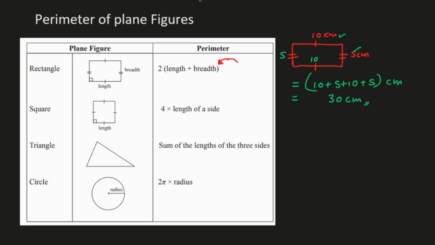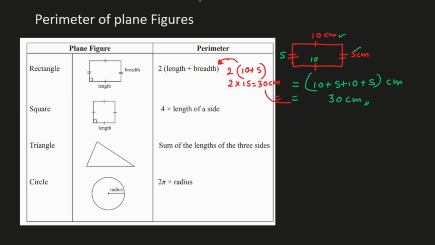For an example, 2 into length plus breadth, so the length will be 10, breadth will be 5. So 2 into 10 plus 5, it's 15, the total will be 30 centimeters. So you can see both these answers are the same. So instead of adding all the four sides together, in a rectangle you can just simply add length and breadth together and multiply that answer by 2.